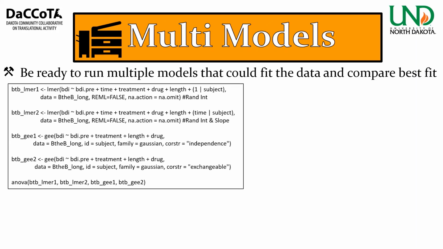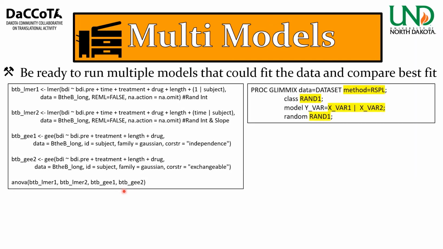An example here I adapted from the Handbook of Statistical Analysis using R. There is this data set BtheB, Beat the Blues, and they looked at a variety of different models: a random intercepts regression and a random intercepts and slope regression, a generalized estimating equation with an independence correlation structure, and then one with an exchangeable one, and then using ANOVA to compare the different models for best fit.